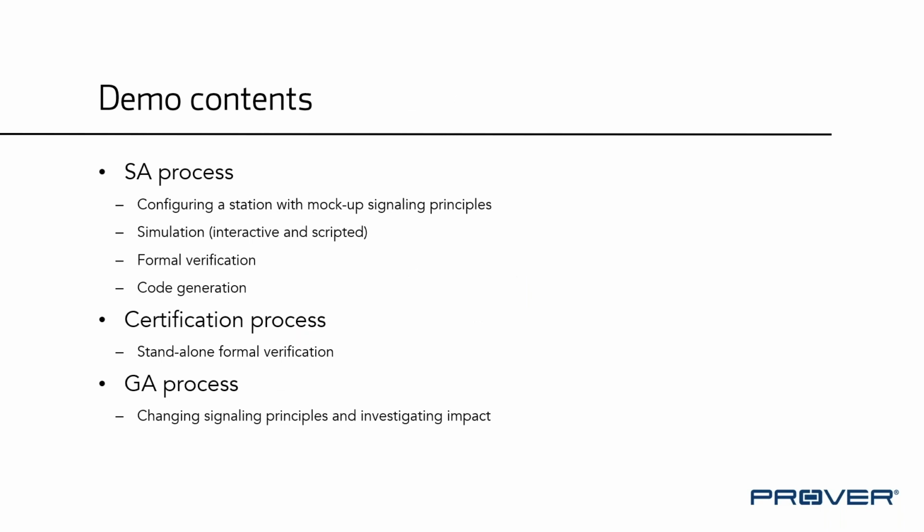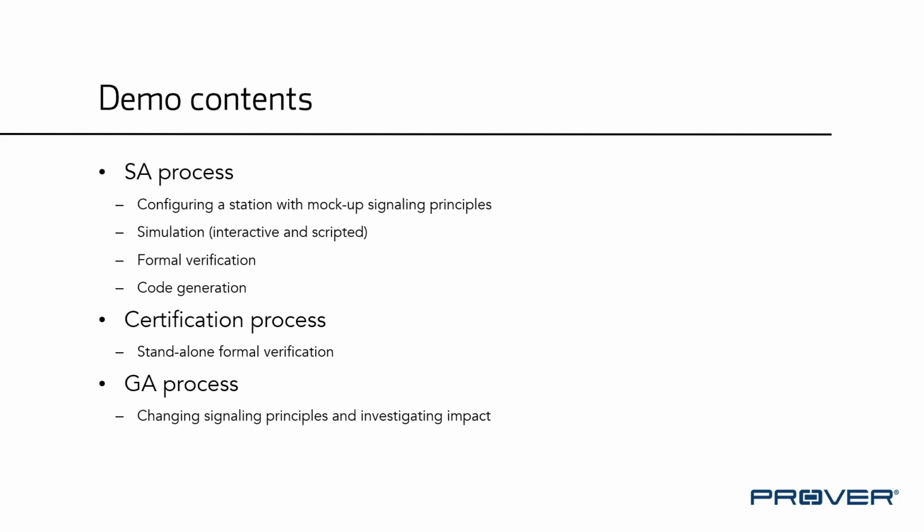The demo will be divided in 3 parts. First is the specific application process, where we configure a station with these mock-up signaling principles. I will show you then how the tool allows you to do simulation, both the interactive way, which is usually done by factory acceptance tests, for example, but also scripted simulation, so you can pre-program scenarios you want to test.